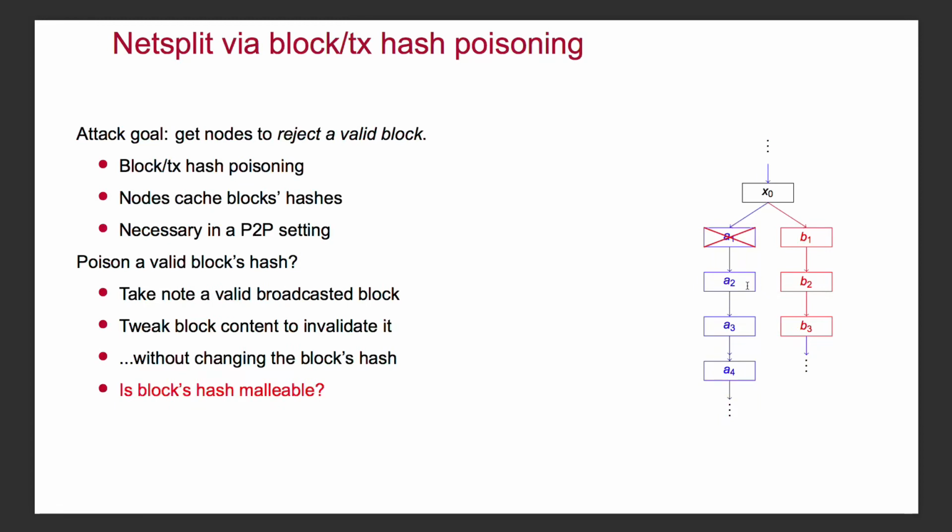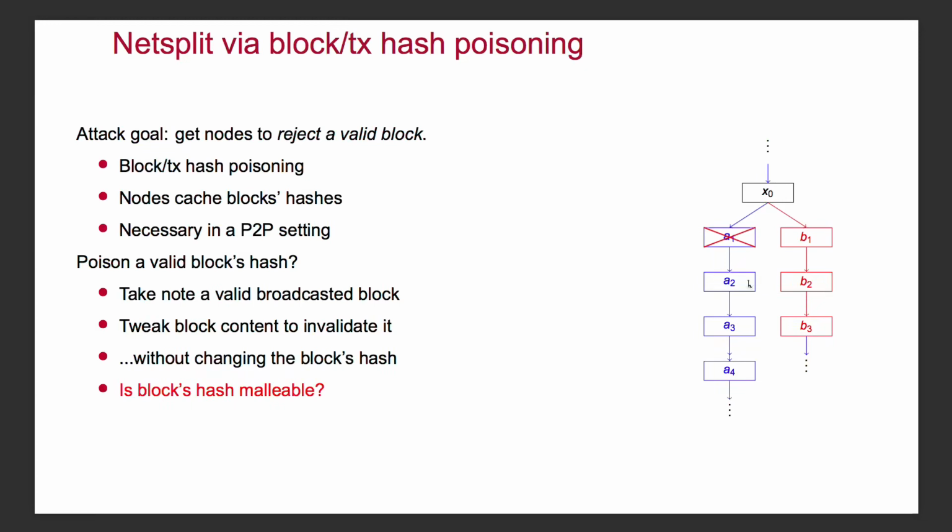So the idea here really is to poison a valid block's hash. An attacker listens on the Bitcoin network for new blocks, and then tweaks the block content to invalidate the block without changing the block's hash. Then the nodes that received the tweaked invalidated block are going to deem it as invalid and cache the hash of that block and not process it ever again.